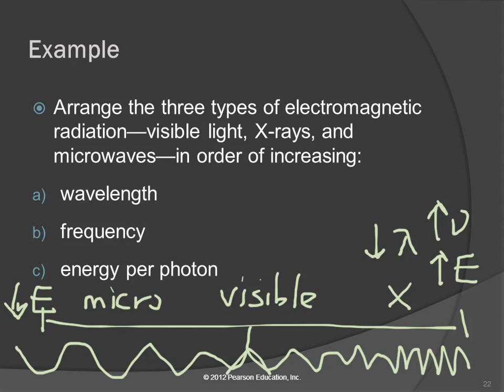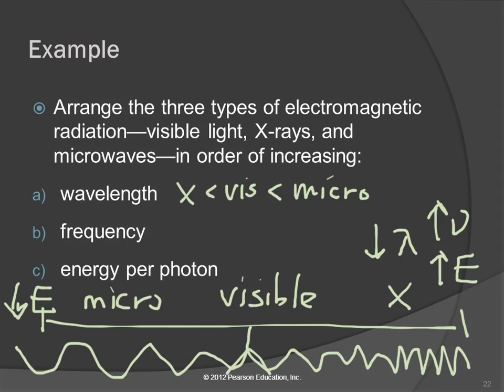So in order of increasing wavelength, which one, micro, visible, or X-ray, has the shortest wavelength? The X-rays, right? Because this is the short wavelengths over here. So X-rays, and then visible, and then microwaves.